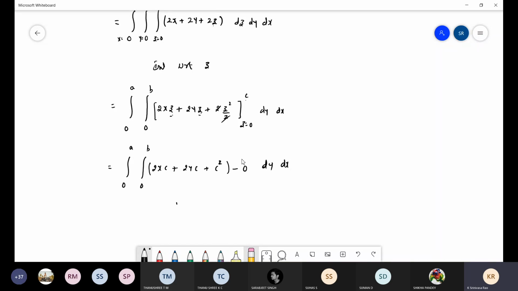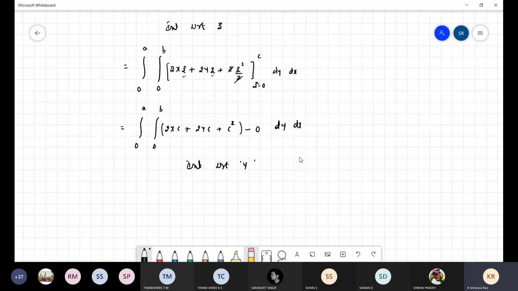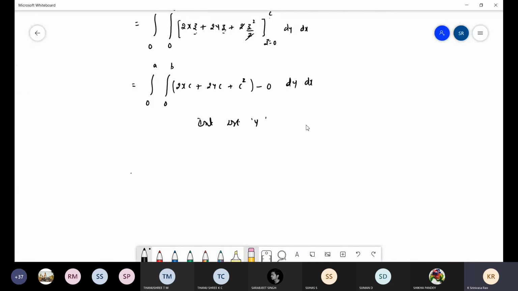Yes, now integrate with respect to y. You will get one integration. I will write 0 to a as it is. With respect to y means 2xc into y as the first term, plus 2 times y square by 2 into c as the second term, and the third term c square into y. This is the integration.